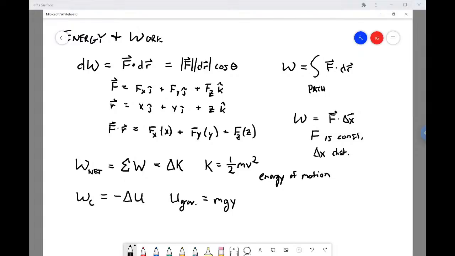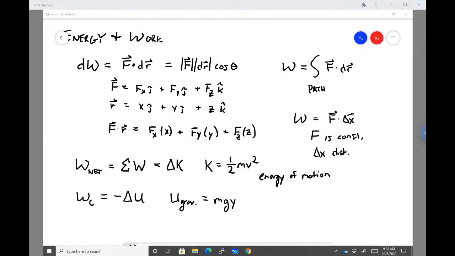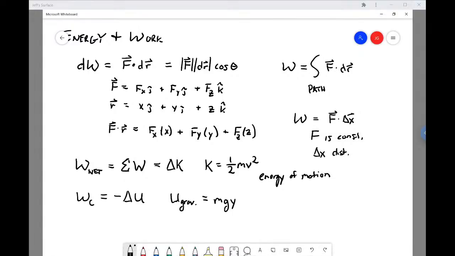And so this number, it's a number you can calculate, but it depends on what you say y equals 0 is. If I say y equals 0 is sea level, then places here in West Virginia would have a vertical height of 400 feet ish.